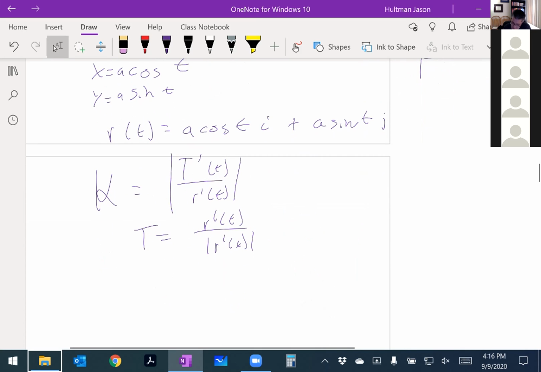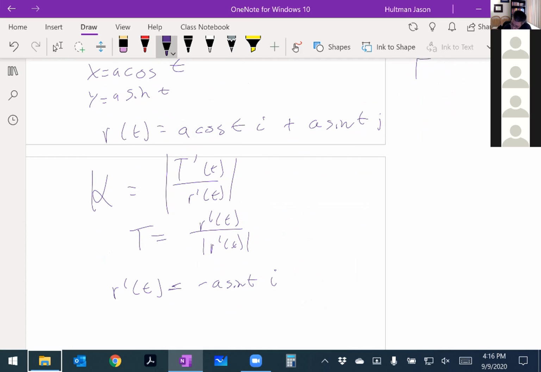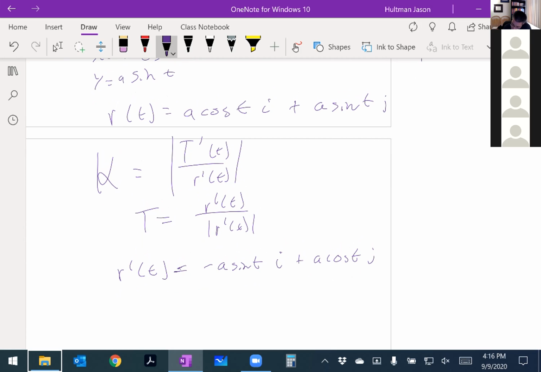So the first thing is let's get r prime of t. R prime of t is going to be negative a sine t i plus a cosine t j. Now we need to know the magnitude of r prime of t.